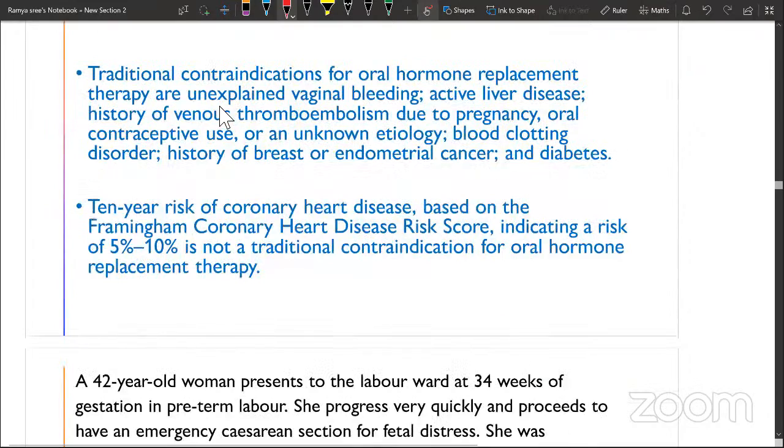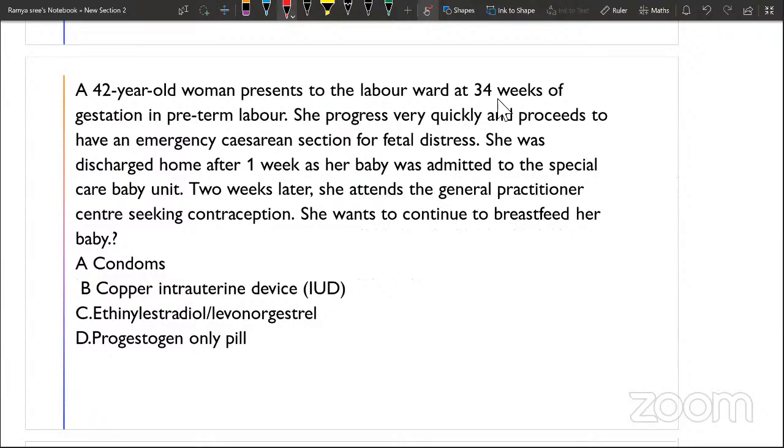A 42-year-old woman presents to the labor ward at 34 weeks of gestation in preterm labor. 42-year-old. Is it fine, or not so fine? What is abnormal about a 42-year-old presenting to you with preterm labor? She progresses very quickly and proceeds to have an emergency cesarean section for fetal distress.